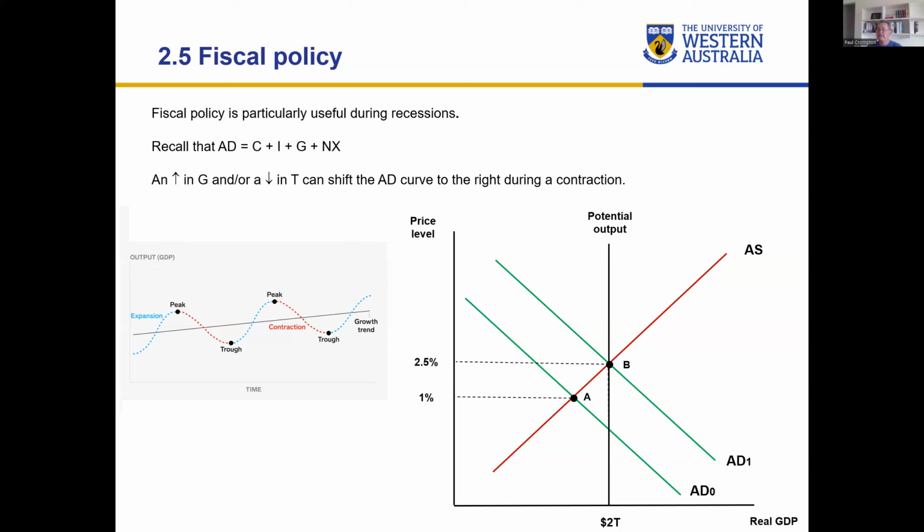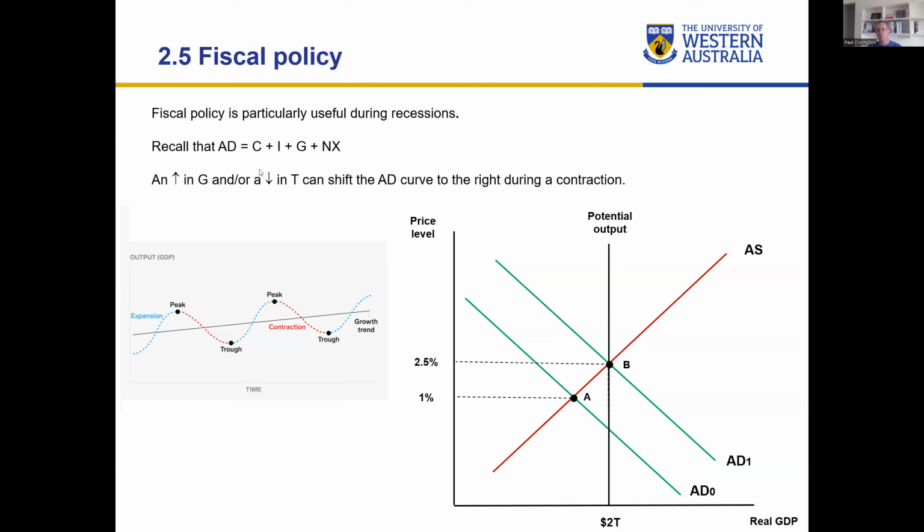So it could have been a slump in housing prices. If that's the case, housing investment will fall, so I will fall. And just think about it. You bought a house and the value of that house hit $3 million. And now all of a sudden it's worth 2.5 because prices across the country have slumped. What are you going to do?